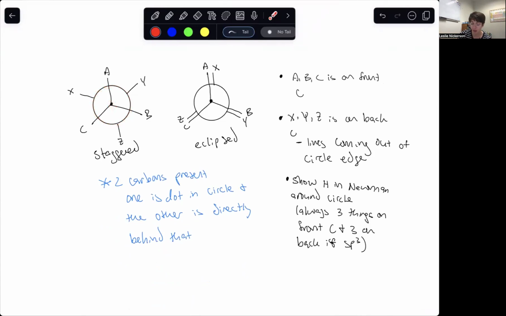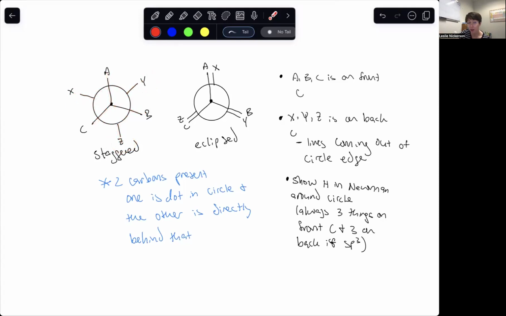In this case, A, B, and C are all on that front carbon. The things on our back carbon, I've labeled X, Y, and Z, and those come out of the edge of the circle. Notice that they don't go into the middle. They stop on the outside and stay on the edge versus coming from the middle. That's going to be really important. So these are the ones on the front, and then X, Y, Z on the back.